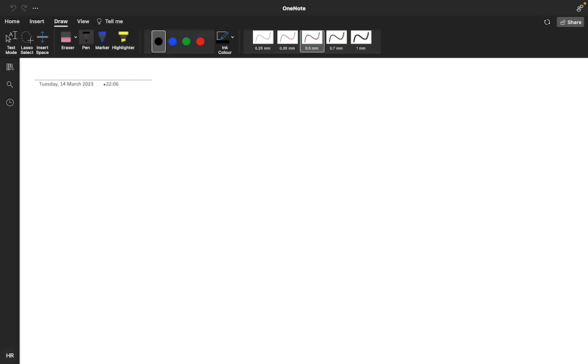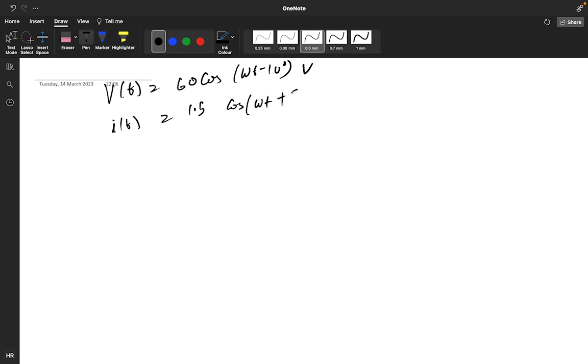See, you have V of t equal to 60 cos (omega t minus 10 degree). That is your voltage. And current is given, I of t equal to 1.5 cos (omega t plus 50 degree) ampere.